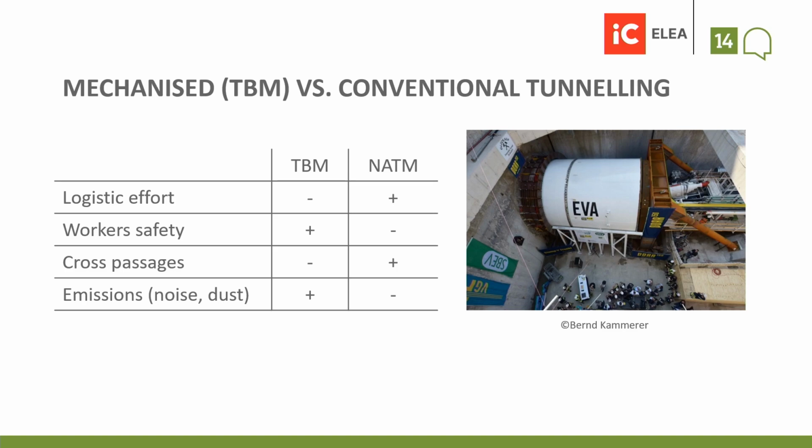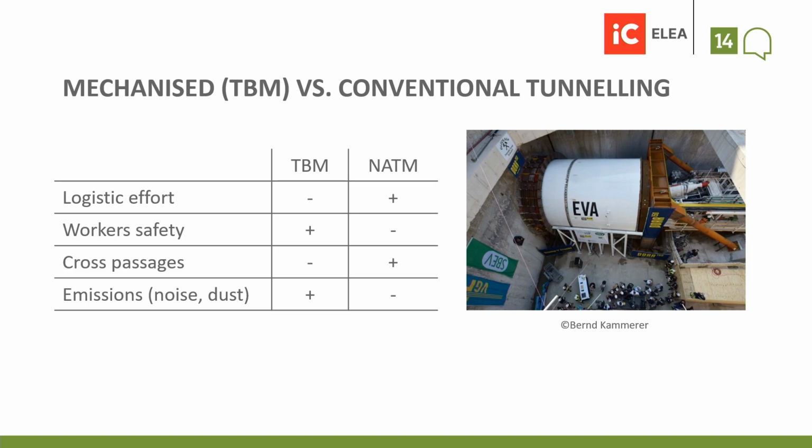For example, the logistic effort is way higher when planning a TBM drive. On your potential site installation, you need sufficient space for the TBM assembly, for segment storage, for temporary muck storage, and in case of a slurry machine, you need an additional separation plant, which takes a lot of space.